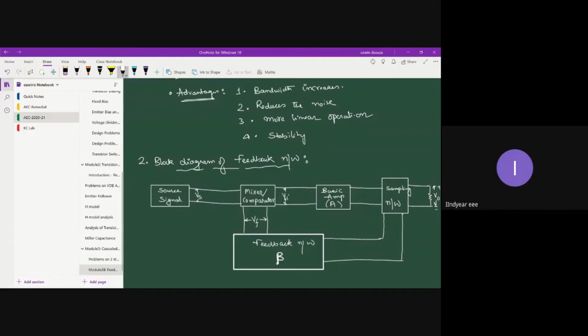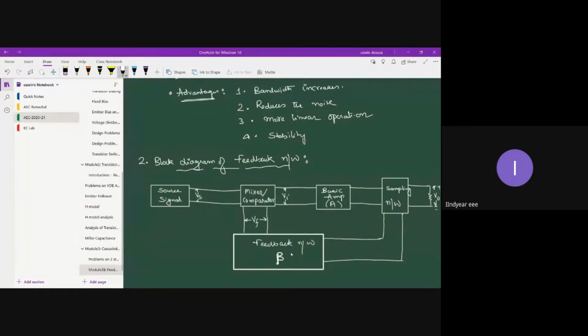So this input signal VI is given to the amplifier input, and this amplifier gives an output V0. And a part of output V0 is fed back to the comparator through the feedback network beta.